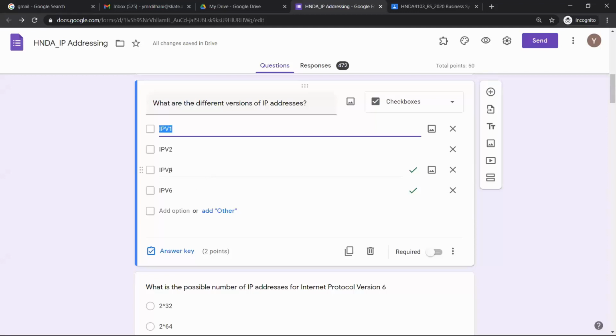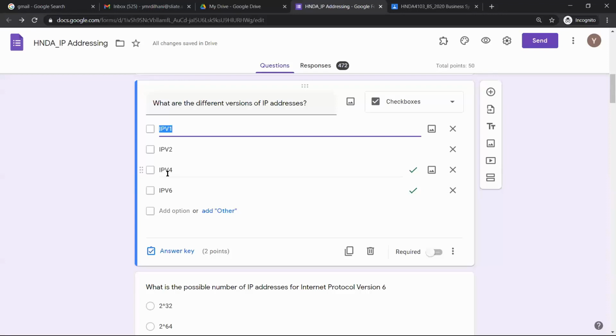So in IPv4, what you have to remember is that IPv4 contains 32 bits. IPv6 contains 128 bits, so IPv6 is longer than IPv4.